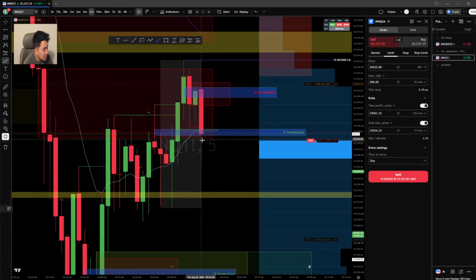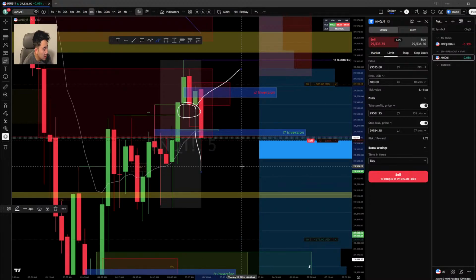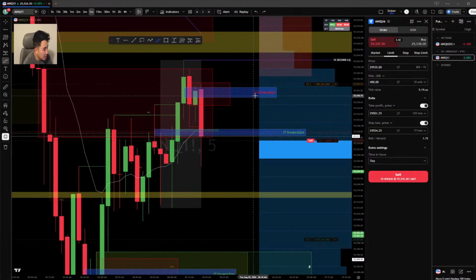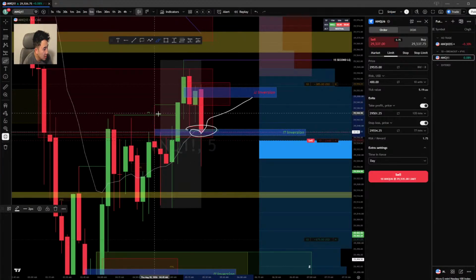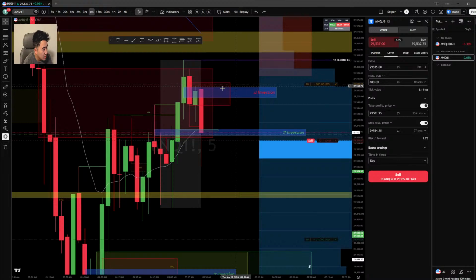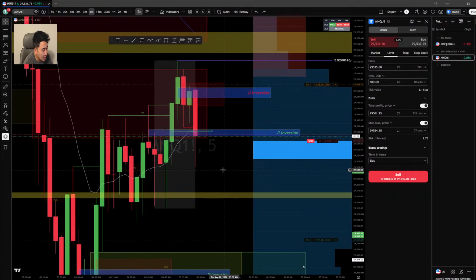I would consider this a breakout strategy. You have consolidation, resistance right here, pushing price up, and then you have this red candle breaking out of that, breaking out of this 13 EMA against all of these buyers to go short. So the high would be right here. That's where the stop would be.